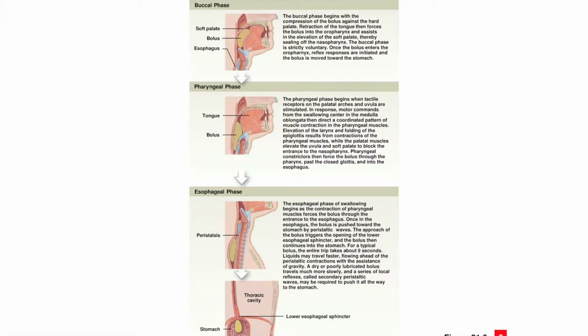There are 3 phases of swallowing. The first phase is called the buccal phase. This is where the tongue pushes the bolus back to the oropharynx. The soft palate and the uvula are going to rise up to seal off the nasopharynx. Then we have the pharyngeal phase, where the epiglottis folds down to seal off the glottis down here so the food doesn't go into our trachea.